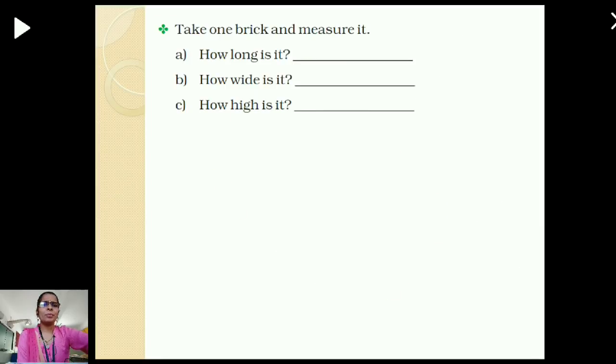Now one brick which I measured, I found that the length of the brick is nearby 22 centimeter. Now how wide it is? Wide means the width of the brick, just as I told you. The width of the brick is 11 centimeter. Now how high it is?